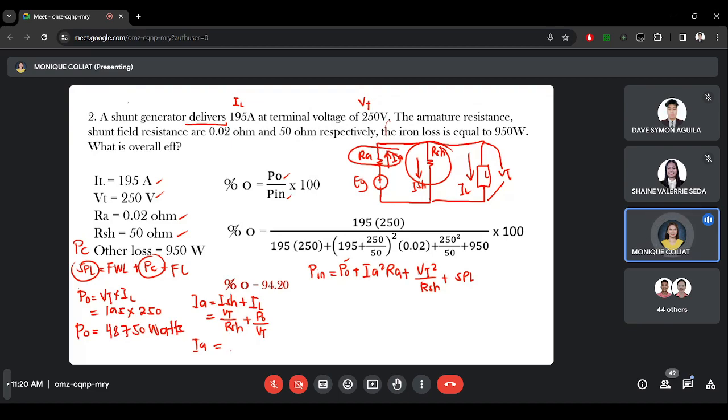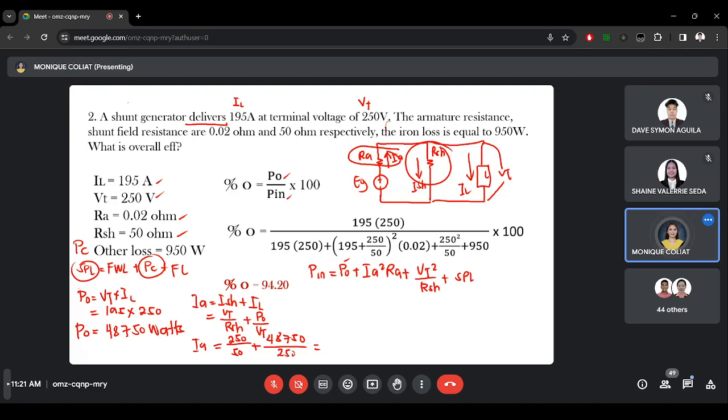Now that we have the IA, we can get the PN. So the percent overall efficiency is equal to the output over the sum of all: 48,750 divided by 48,750 plus 200 amperes squared times 0.02, plus VT squared over RSH, 250 squared over 50, plus the SPL, which is our losses of 950, times 100.